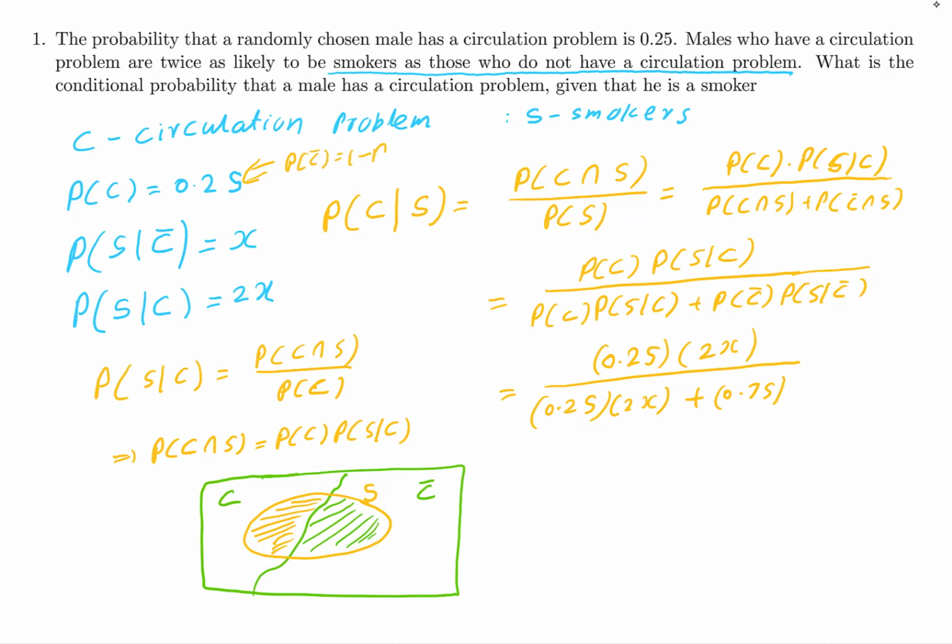Probability of C complement equals 1 minus probability of C, which is 0.75, and probability of S given C complement is x. Now you see here this x cancels out. So then we have the answer, 2/5. That is the probability of C given S.